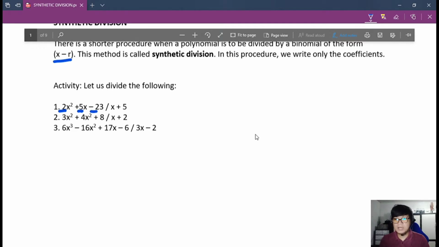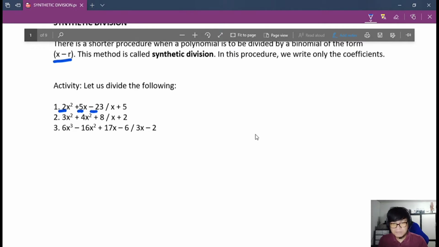So we only write the coefficients. Hindi nakasali yung mga variables. Yung x and exponent, hindi na sila kasali sa synthetic division.